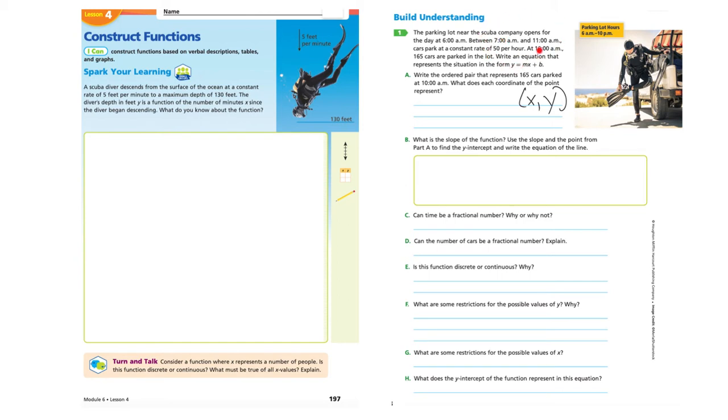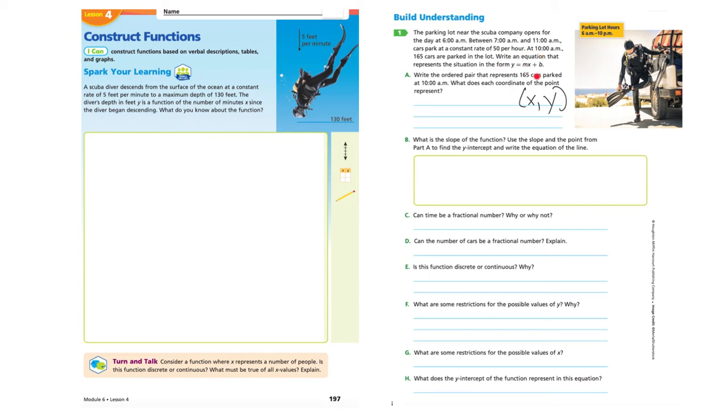So they tell you, they're talking about hours, and they tell you that the rate that the cars go in starting at 7 a.m. is 50 per hour. So that'll help you with figuring out what's your input. And then you also need to think about what's your initial value. Even though the parking lot opens at 6 a.m., cars don't really start coming in until 7 a.m. And they don't tell you that there are 0 cars at 7 a.m. They just tell you that that's when the cars start coming in that day at a constant rate of 50 per hour.